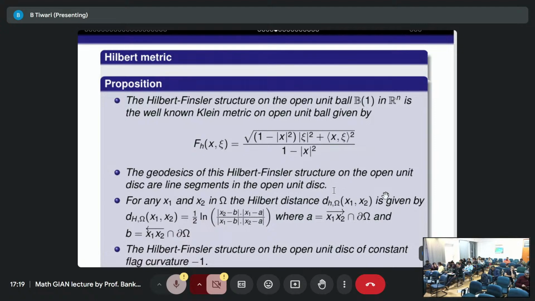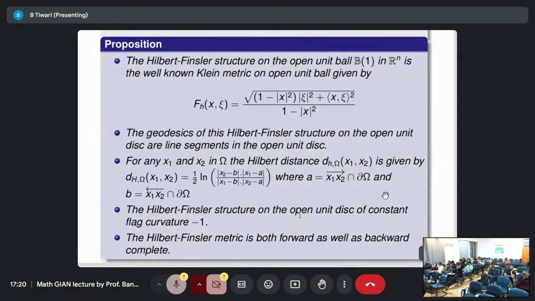The distance formula is just the arithmetic symmetrization of what we got in the Funk formula, that is, log of |x1 minus A| upon |x2 minus A| plus log of |x2 minus B| upon |x1 minus B|. You can also see that this is actually the cross ratio of these four points x1, x2, A and B lying on a line, right? So, this Hilbert distance has this interesting formula.